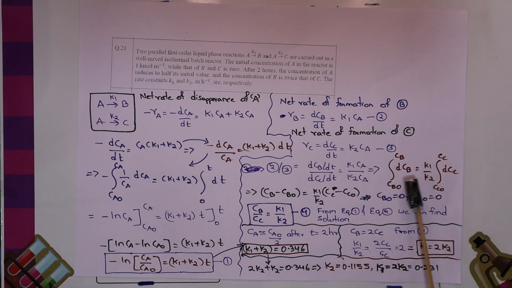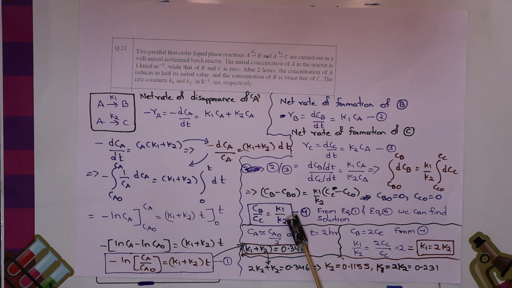Between the limits, if you integrate, Cb minus Cb0 is equal to K1 by K2 into Cc minus Cc0. And it is already given that the initial concentrations of B and C are 0. That means Cb0 and Cc0 are zero. So Cb by Cc is nothing but K1 by K2.